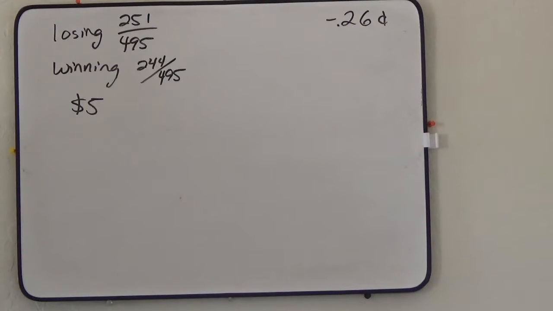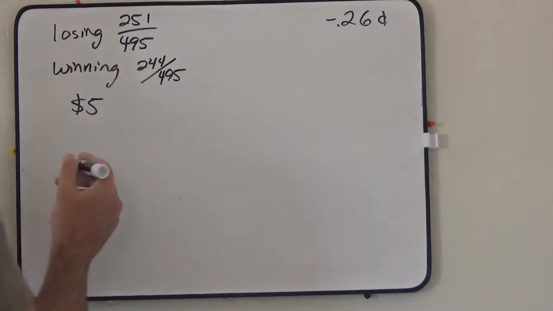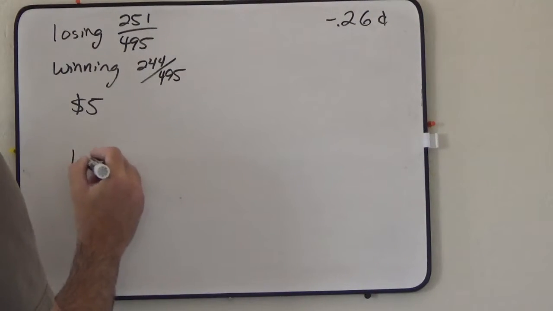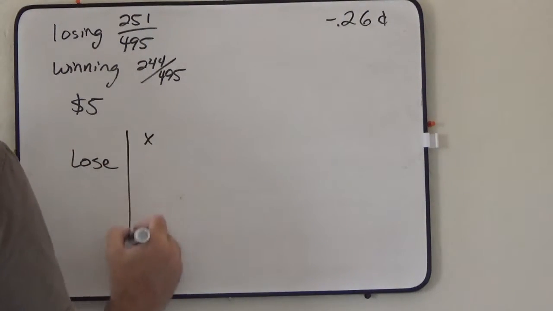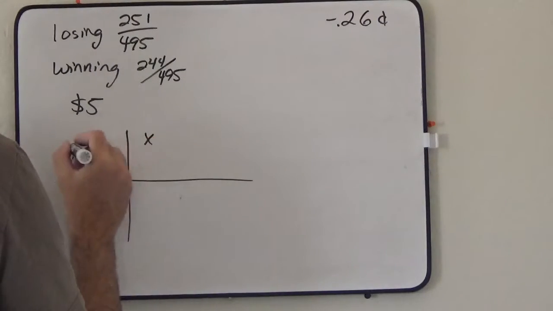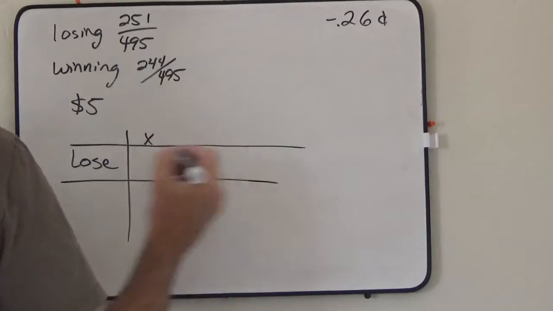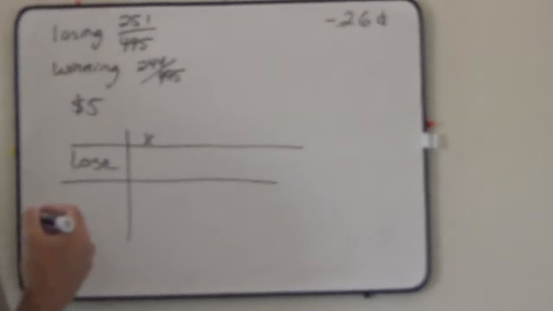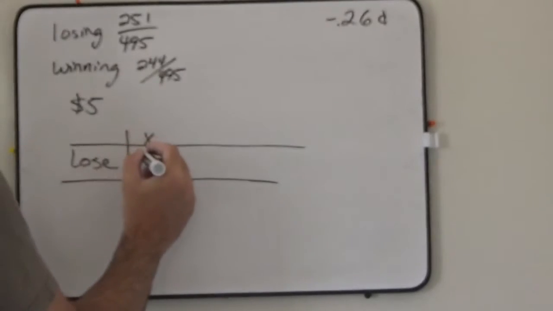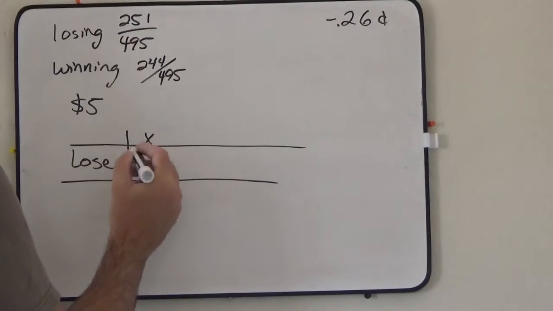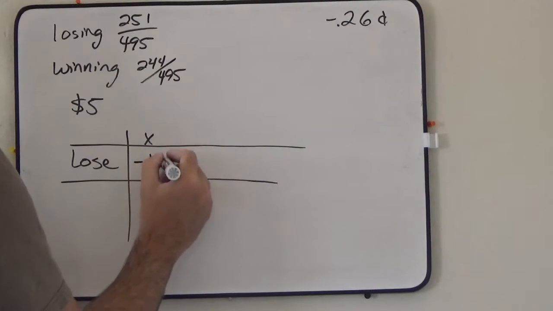Okay, what's your expected value? So we're going to do this again. If we lose, our X value is going to be negative $5 once again.